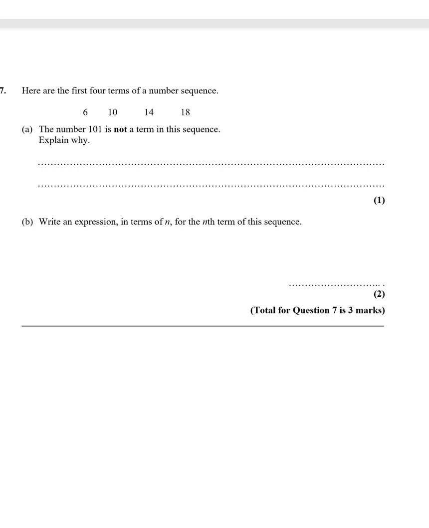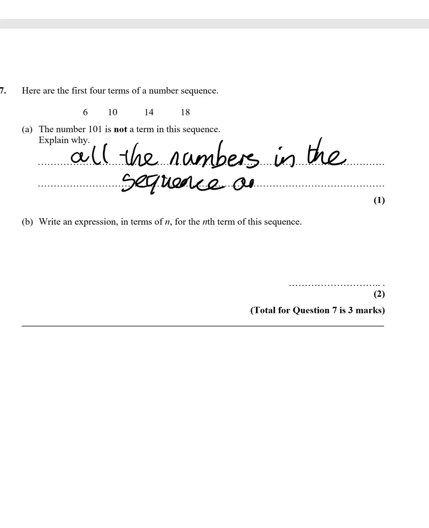It's very similar to the other question. So all the numbers in the sequence are even. 101 is odd.